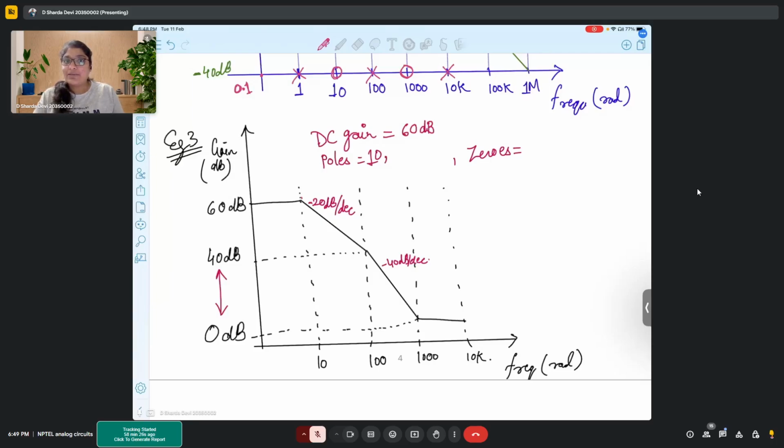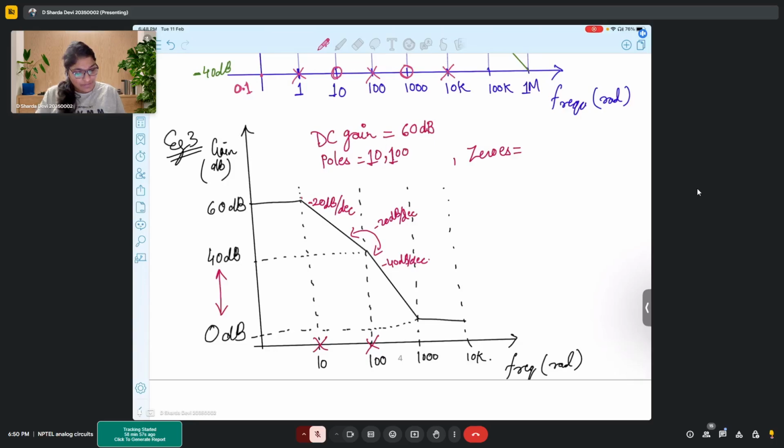So the resultant change in slope is how much? Minus 20 dB per decade only, right? So there is only one pole present at 100, correct? Right. So we have one pole at 100.